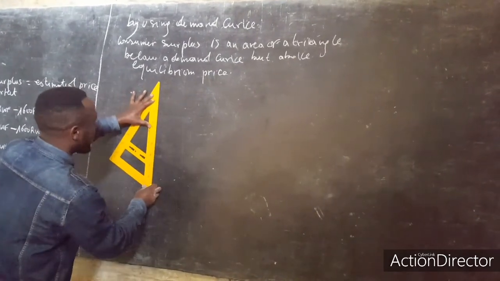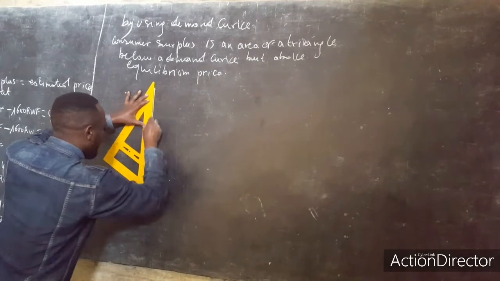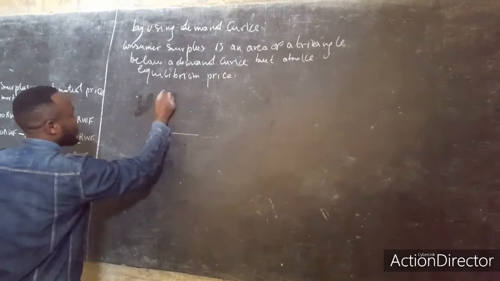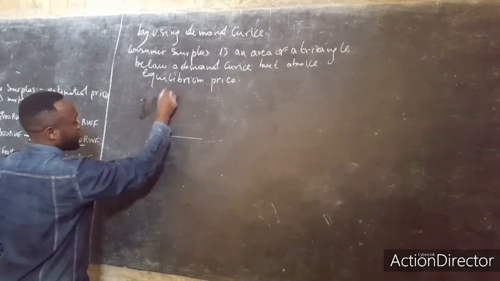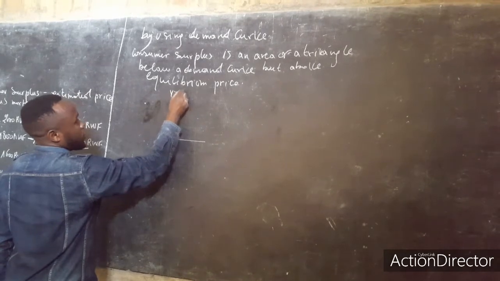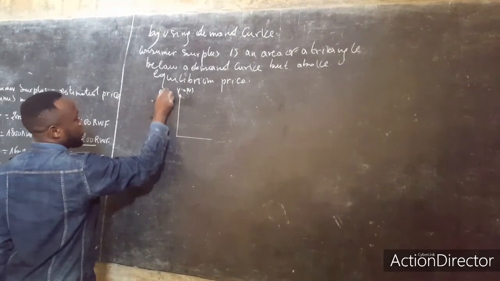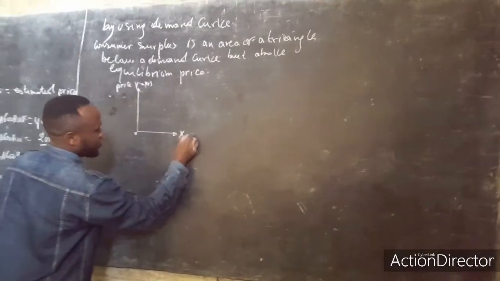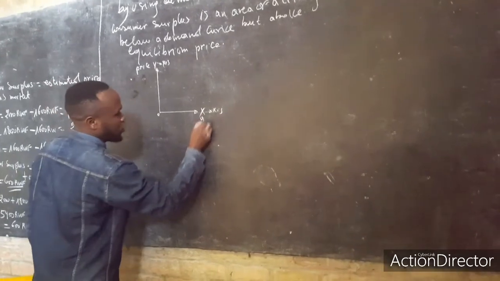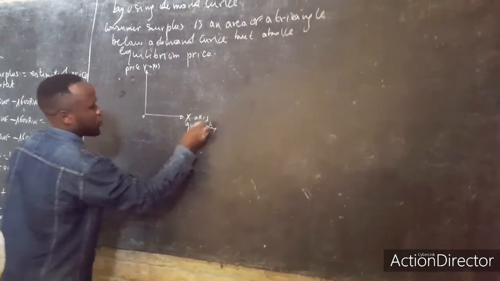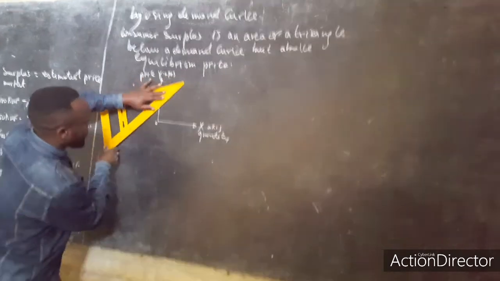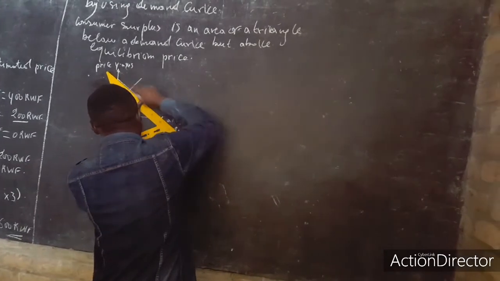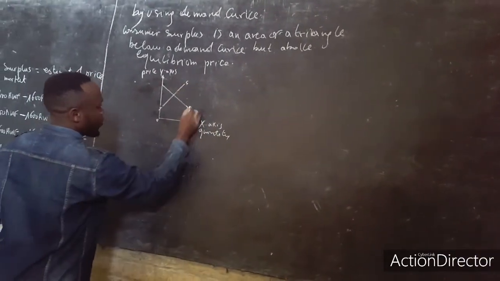By illustration, on the vertical axis, on the y-axis, we have price. On the horizontal axis, the x-axis, we have quantity. Here we have a supply curve and a demand curve.